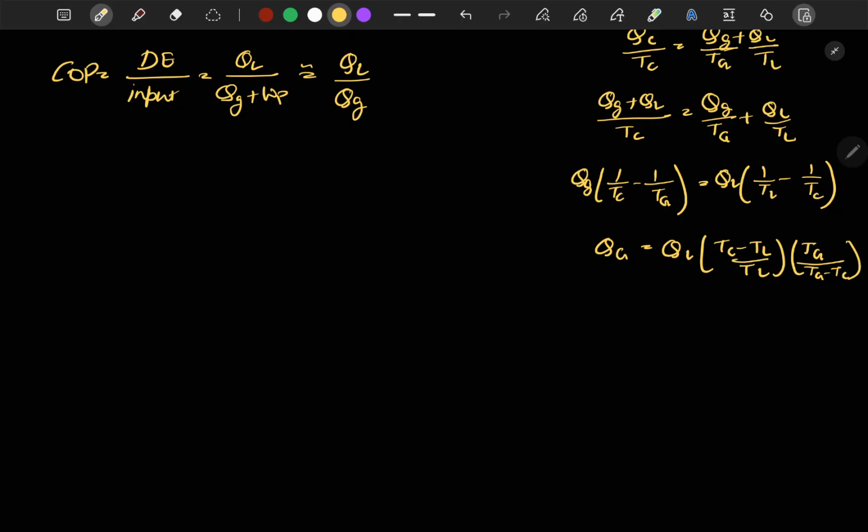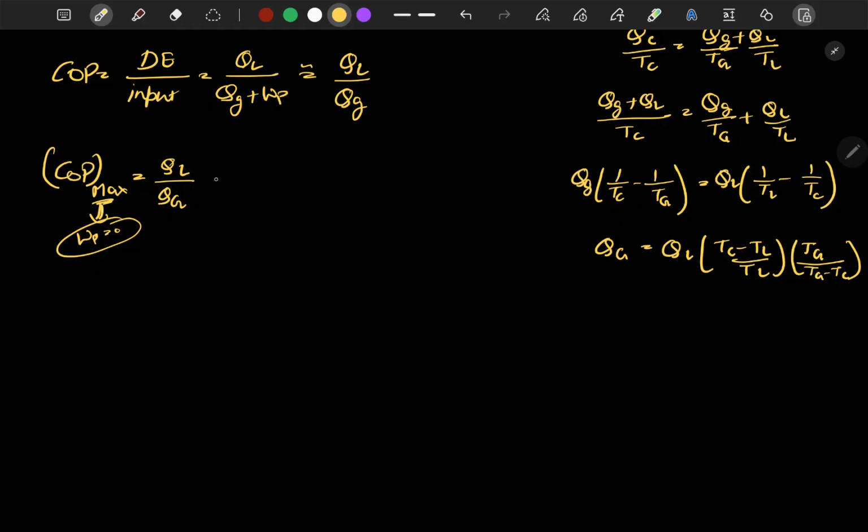So from here we can write our COP maximum value as QL by QG. Why is it mentioned as COP maximum? Because the work done by the pump is neglected. If this work is considered, then this won't be the maximum value.